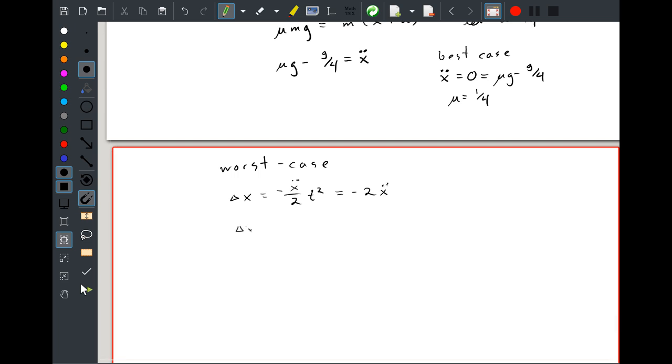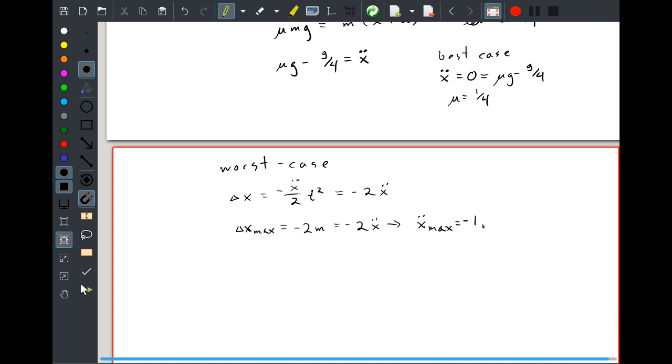We want our delta x max to be equal to negative 2 meters, which is negative 2 x double dot. So our x double dot max allowable is equal to negative 1 meter per second squared.